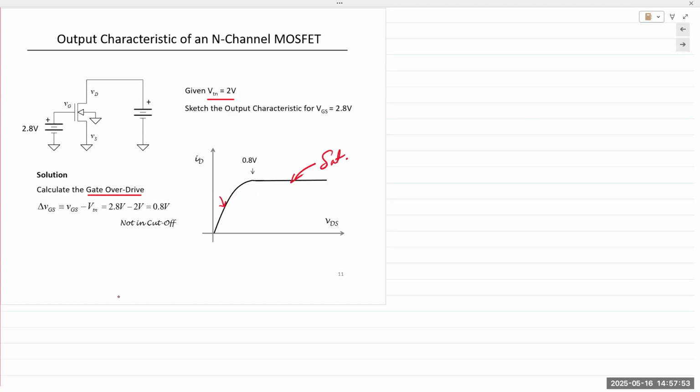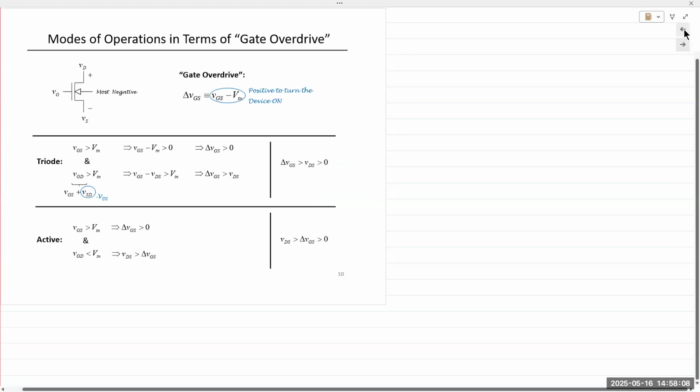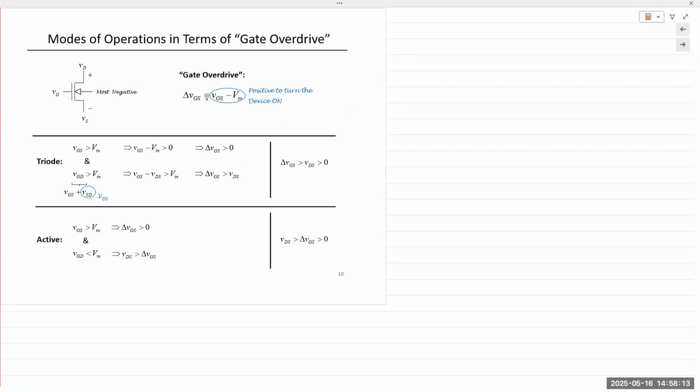All right, questions? It's a lot of thinking to be done, a lot of reading to be done. So I was saying the total amount of VGS applied minus the threshold voltage, required for it to just create the channel, is the overdrive.